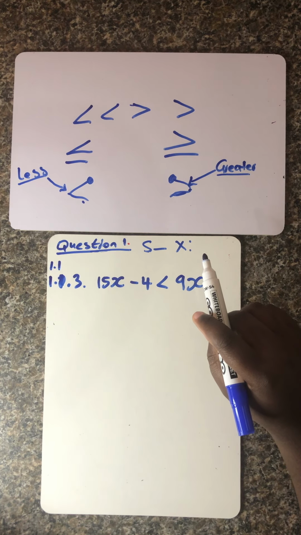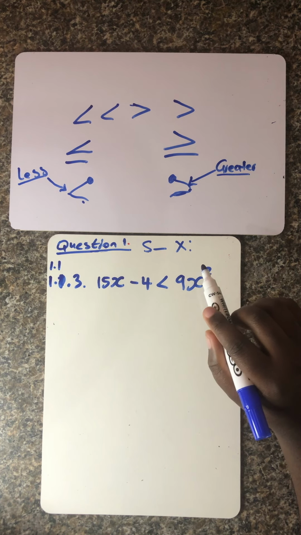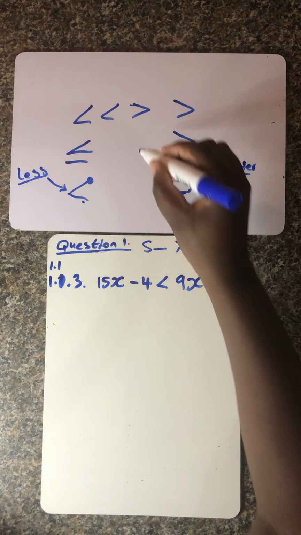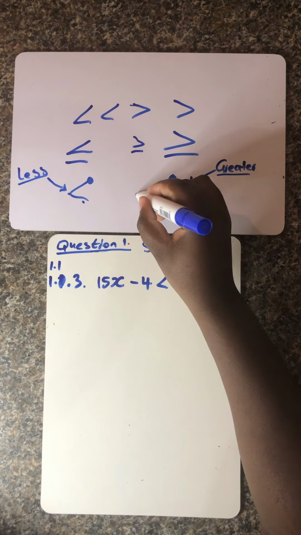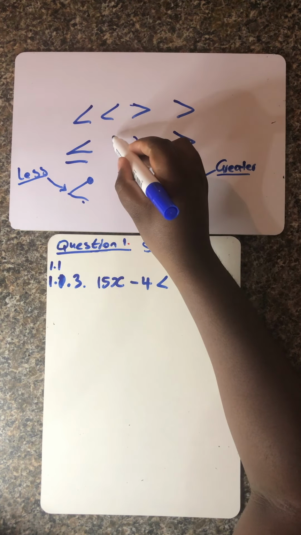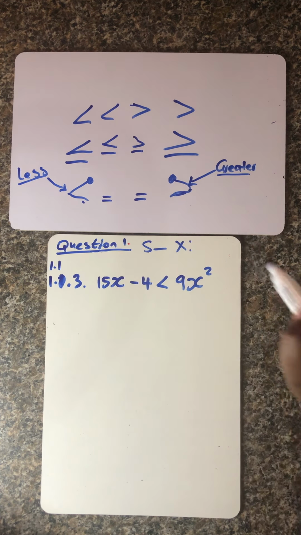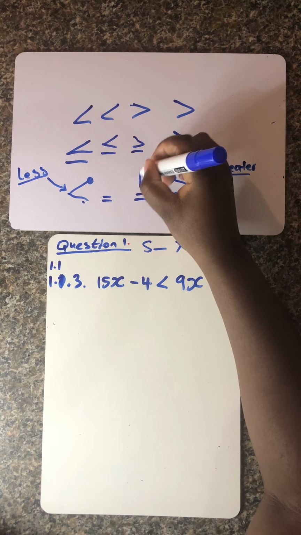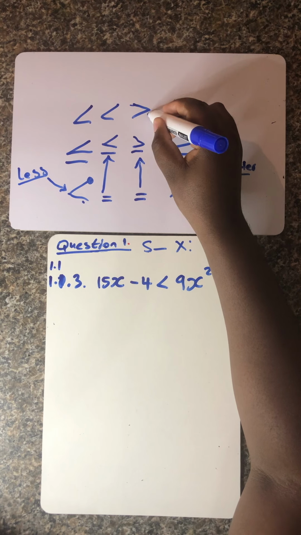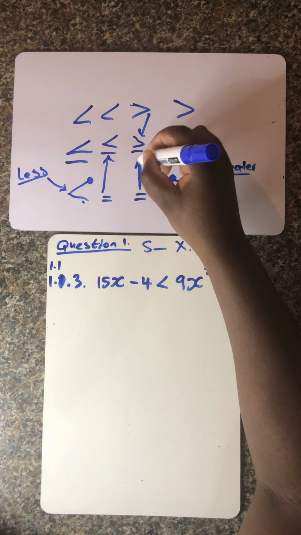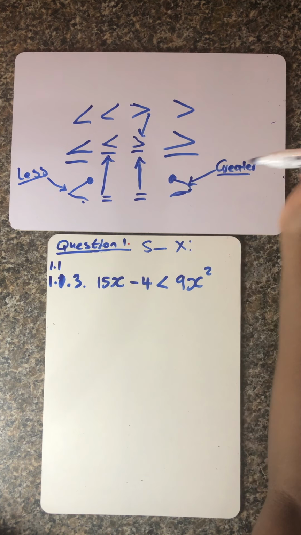Now, why do we have greater than or equal to, and less than or equal to? It's because after the greater than sign, you add the equals sign, and after the less than sign, you add the equals sign. So these are combined signs: a sign of inequality and a sign of equals.